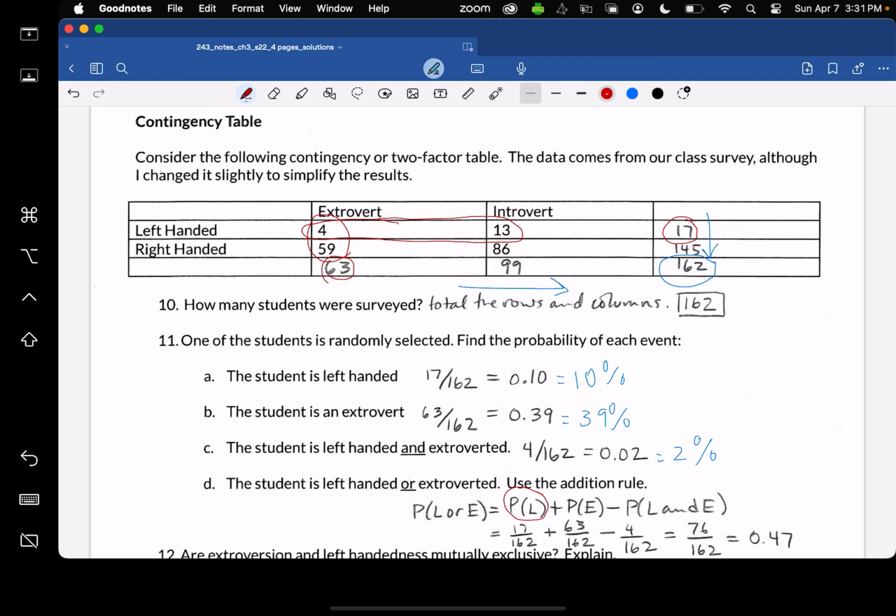You can follow this addition rule, or you can look at this contingency table and just say the other way to get 76 would be to do 63 plus 4 plus 13, and that will give you 76 out of 162. So that's the other way to do this.